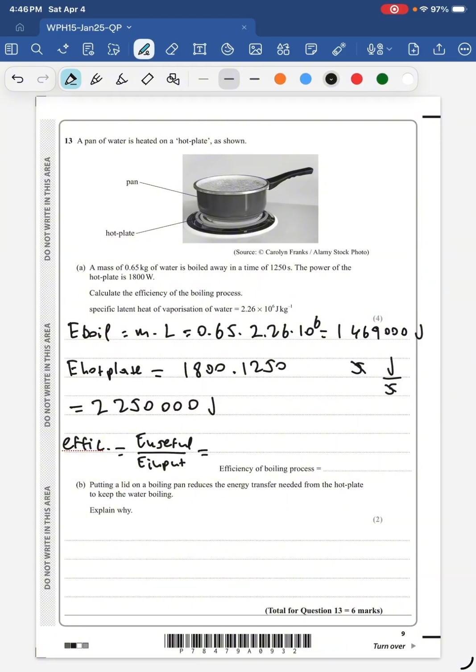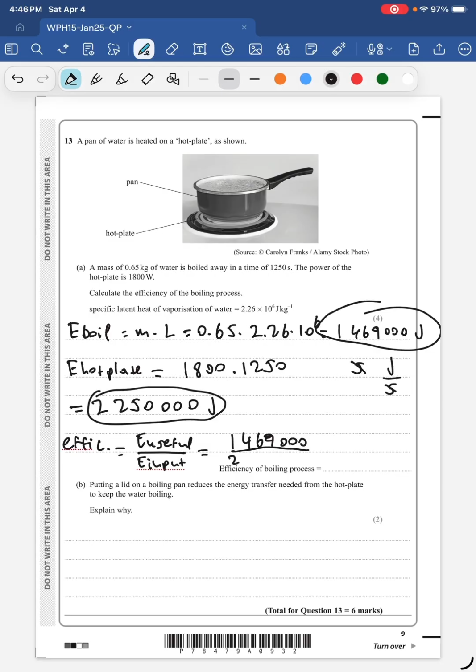In this case, the useful energy is the one we actually use to boil, so 1,469,000 over the energy provided by the hot plate, which was the input in this case, so 2,250,000. These zeros cancel, and if we use a calculator, we find 0.6053, which is 65.3%. Okay, I hope this makes sense.